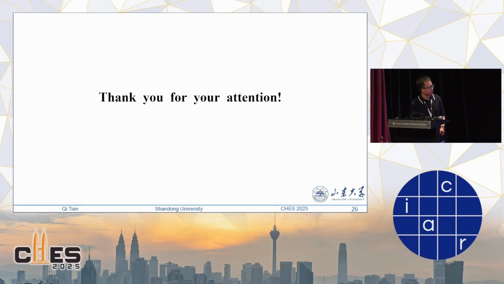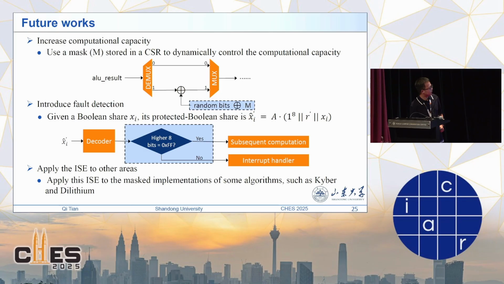Okay, let me start with the first question. In the future work you mentioned, you said that you would like to apply your ISE to Kyber or Dilithium. Have you considered starting with a less ambitious algorithm like AES?